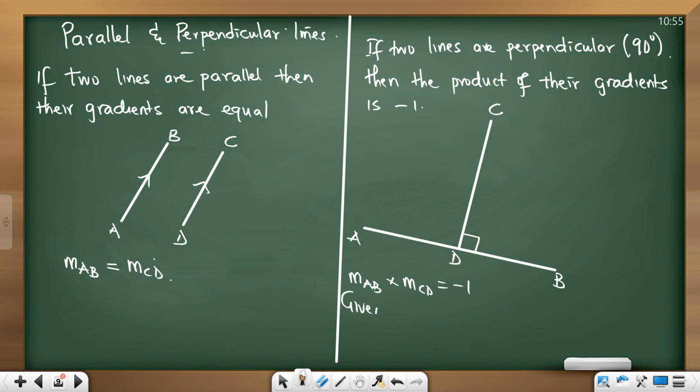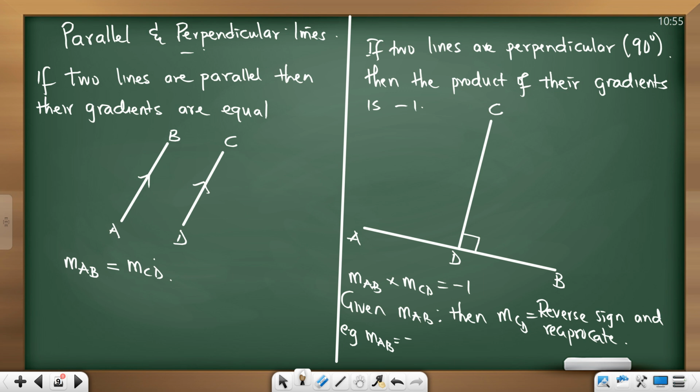Okay. Given gradient of AB, then gradient of CD would be equal to reverse the sign and reciprocate. I give you that the gradient of AB in this case is -2/3. What is the gradient of CD? Right? And AB is perpendicular to CD.